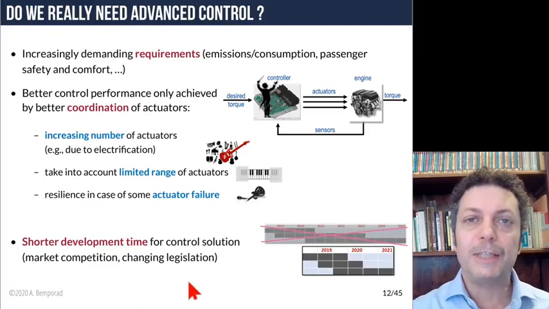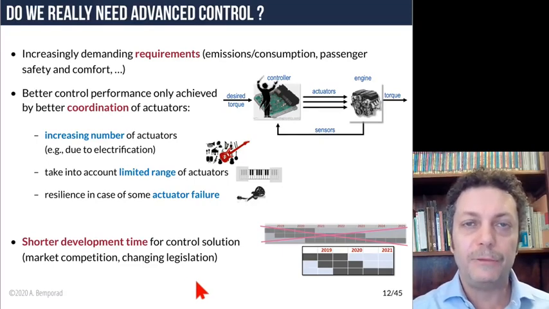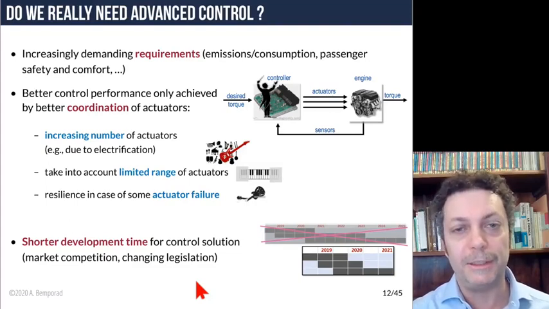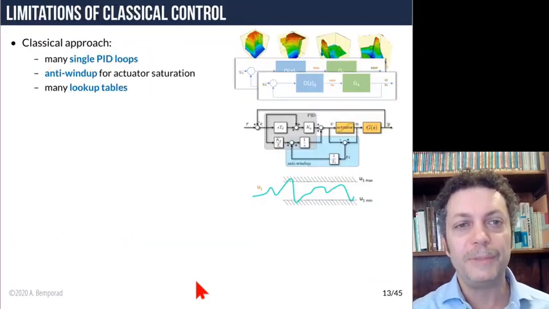There is also another aspect to take into account, that the time to develop a new controller is getting shorter and shorter. The timeline for control development is shrinking, and this is due to different aspects, for example, market competition or changes in the legislation. So the requirements change, you have to revise and change your control design.